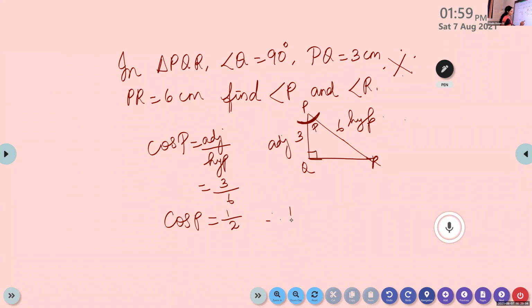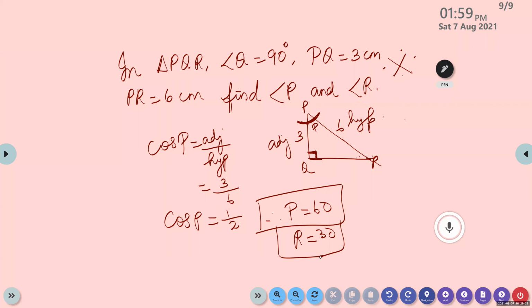Therefore, what is the value of P? P is 60. If P is 60, what will be angle R? 180 minus 90 plus 60. Instead of that, what is the other way I gave? If this is 90, these two angles when you add should give 90.